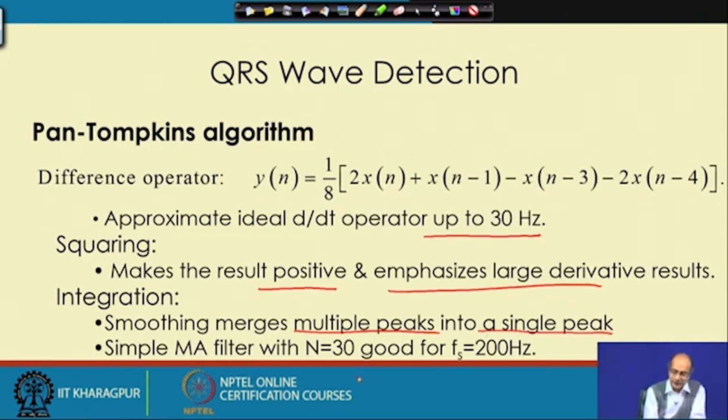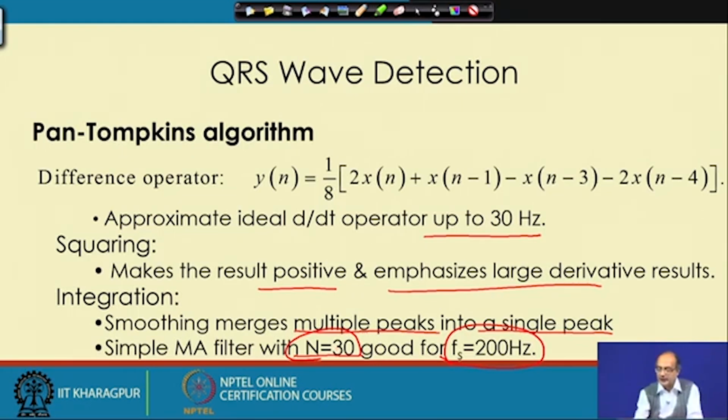Okay. And for that purpose, the MA filter is used, and they found that n equal to 30 gives a good result for Fs equal to 200 hertz. Now, if you ask why they have chosen n equal to 30, it is difficult to answer.